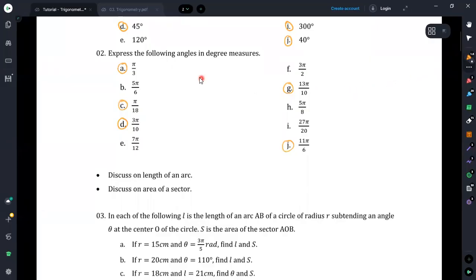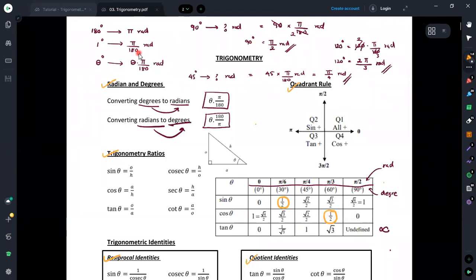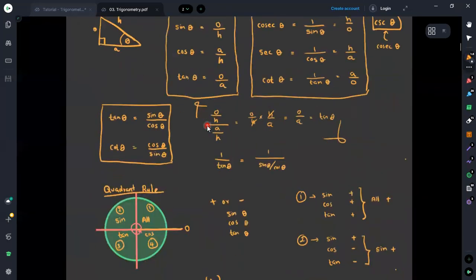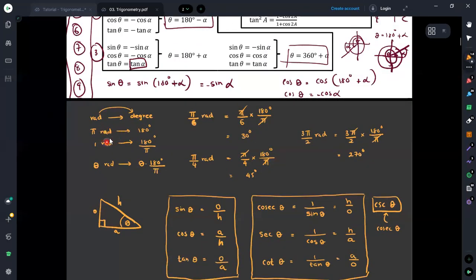In the second question, it is asked for the conversion from radian measures to degree measures. According to this conversion, what we have observed is that for radian to degree conversion, π radians is equal to 180 degrees.